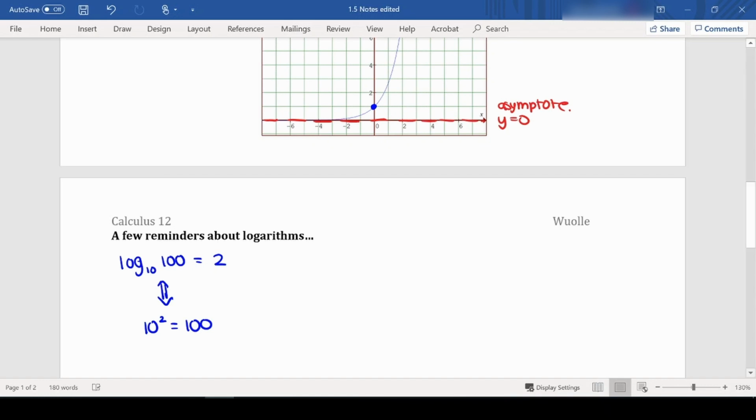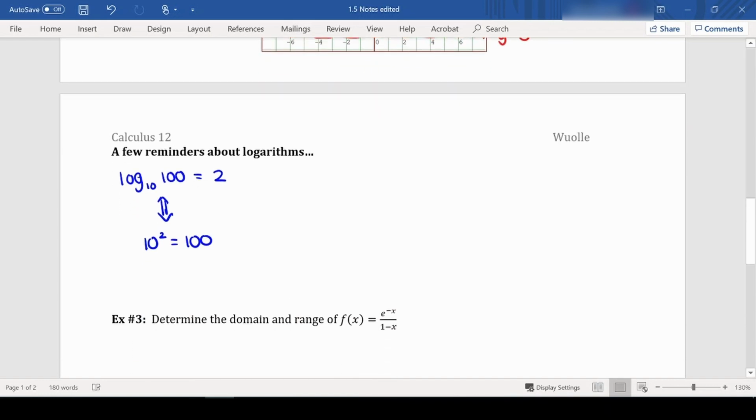So for any logarithm, log base a of b equals c, this corresponds to some exponential a to the power of c equals b. If we had log base 10 of 10, this would equal 1. And we could also just write this as log 10 equals 1.